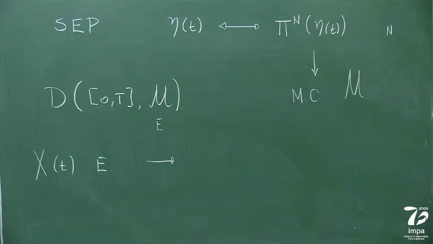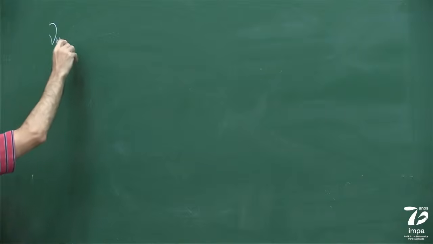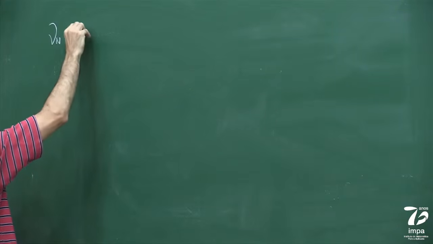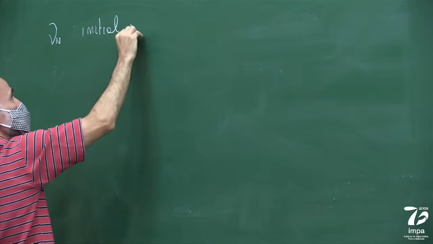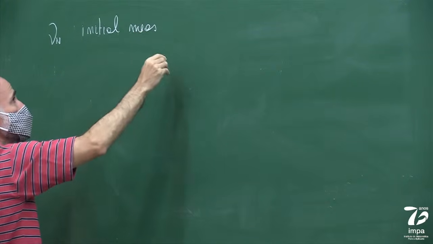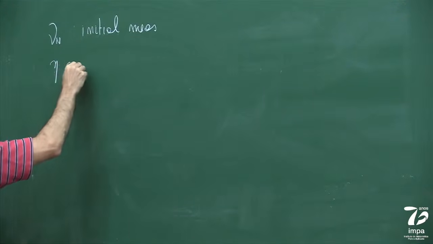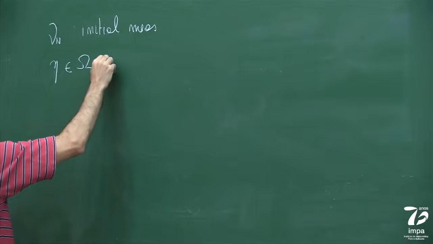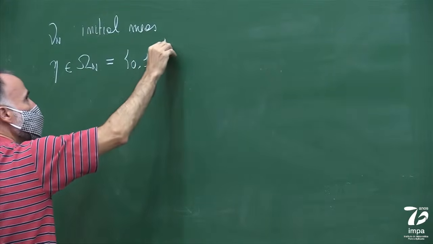So let me represent by mu n the initial measure of my process. So eta belongs to omega n, which is 0, 1 to the power lambda n.